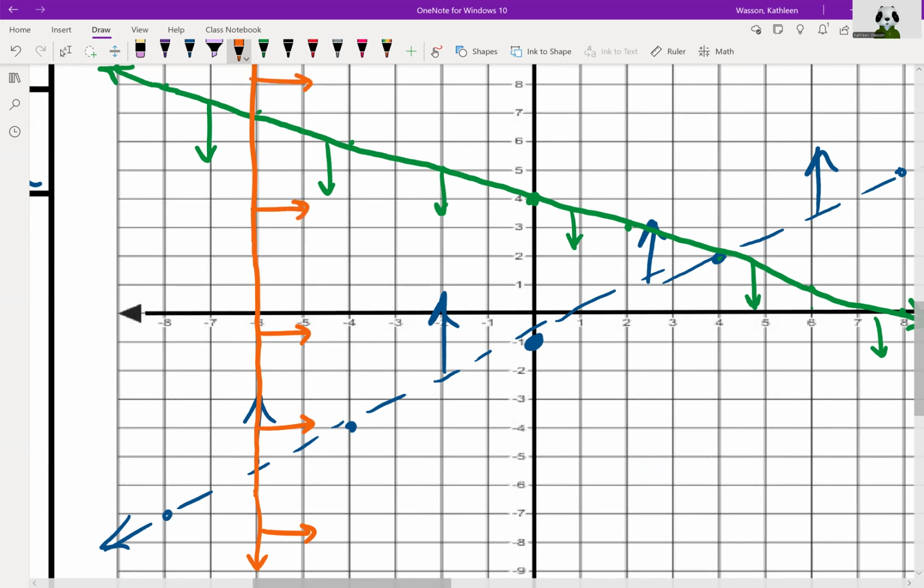So my solution then should be where all of the arrows point. That's this triangle here. I'm going to choose a test point though and make sure before I shade it all in. So I'll test 0, 0. I substitute into each original inequality. I'll put 0, 0 for x and y. I'm trying to verify that this point does satisfy each inequality before I shade it in.